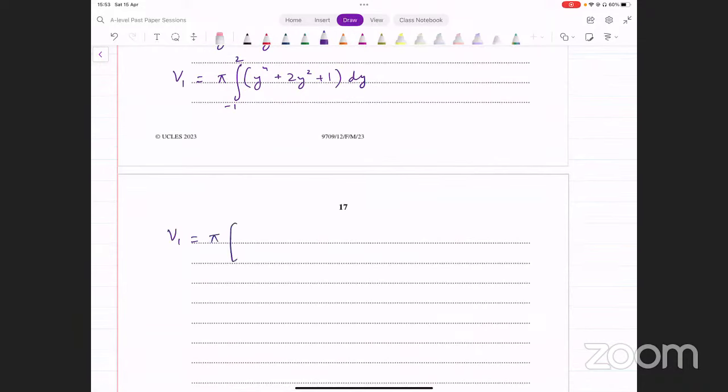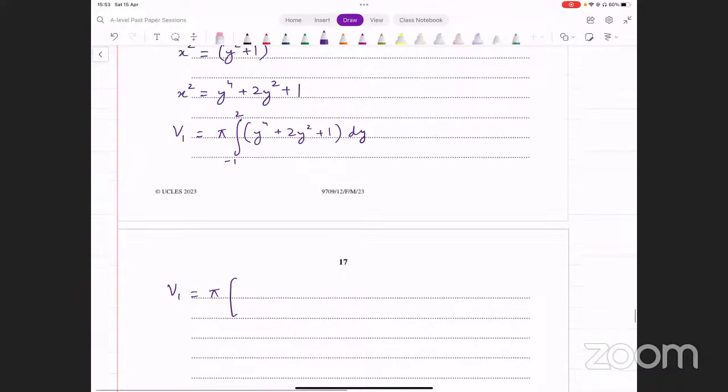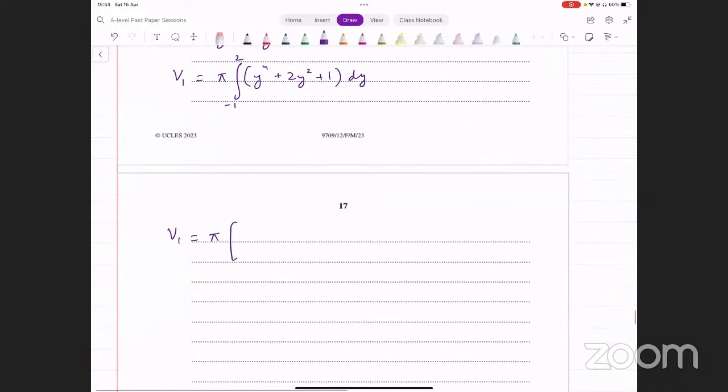Pi into integral, इसका क्या हो जाएगा, y raised to power 4 की integration is going to be y raised to power 5 over 5 plus 2y cube over 3 plus y. Remember y के with respect integrate करें तो 1 की इंटीग्रेशन क्या होगी, y होगी यहाँ पर, जिस तरह 1 की इंटीग्रेशन with respect to x होती है, with respect to y it's going to be y.